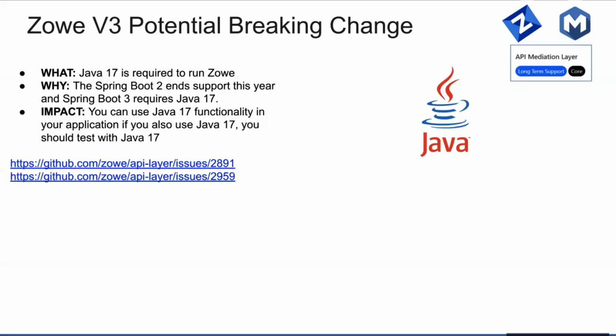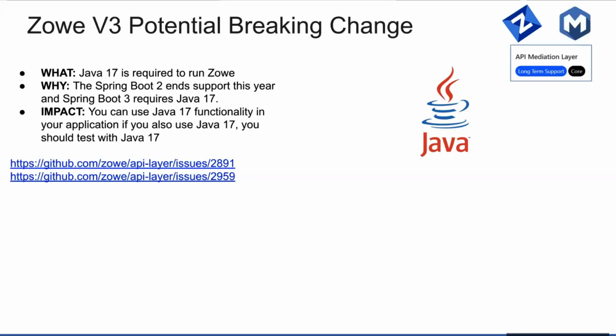Next thing, I don't think that's going to directly touch the extenders, but Zowe will need to require Java 17 as it is a prerequisite for Spring Boot 3 and Spring 6, which we have to move on to for the support and minimizing risk of potential vulnerabilities.